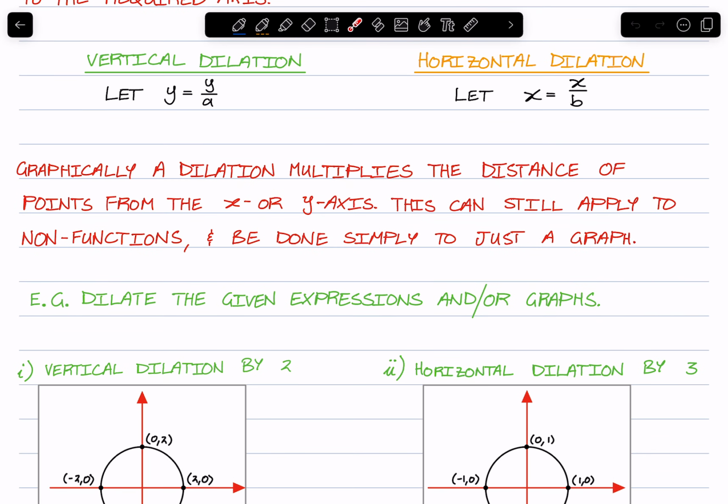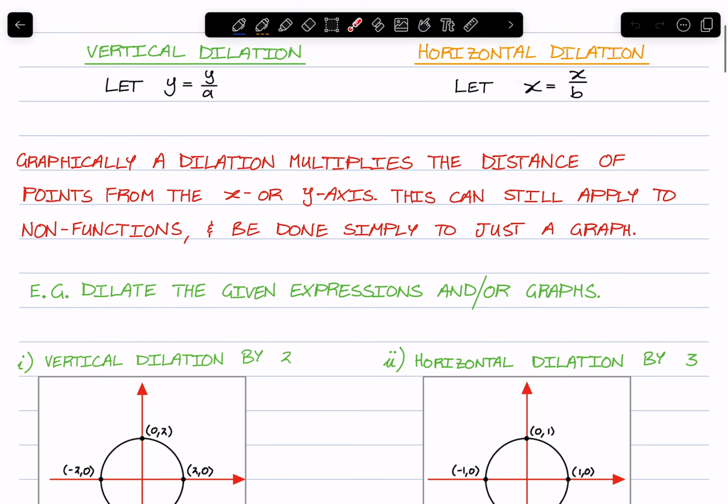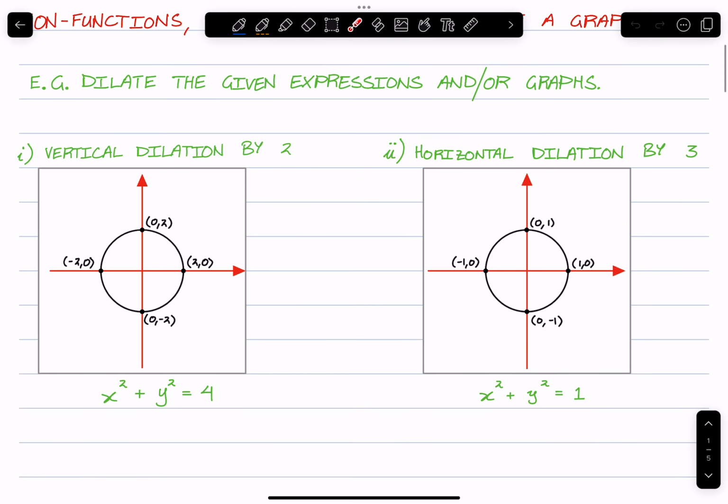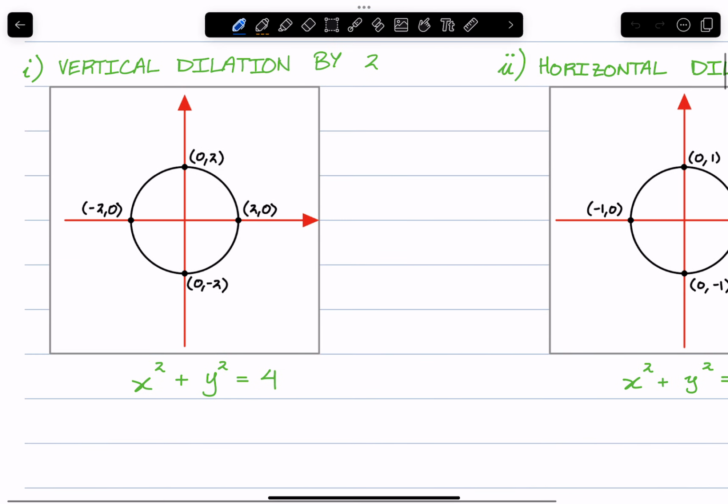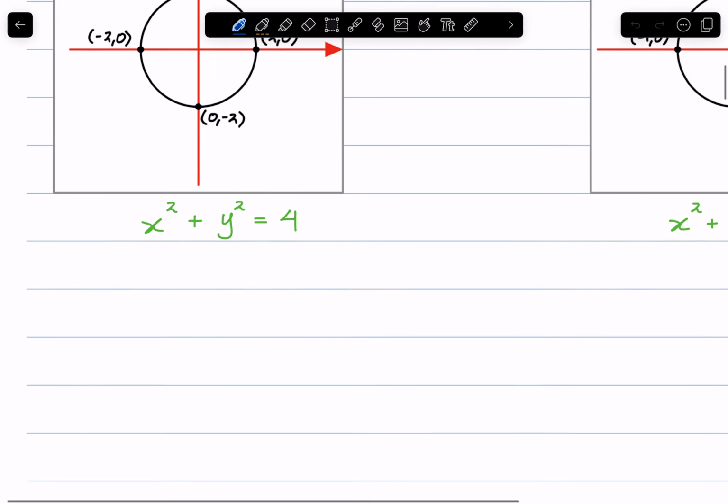Now remember that graphically, dilation means to multiply the distance of points from the x-axis or the y-axis, and this can still apply to non-functions and to their graphs. So let's go straight into our first two examples here. Let's take a look at a vertical dilation on this circle. This is definitely not a function, but we can still apply the vertical dilation.